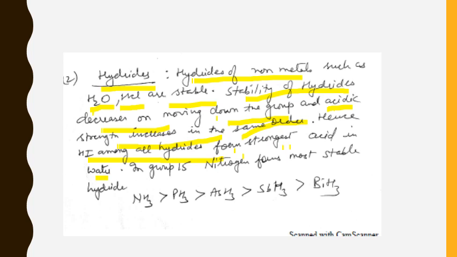Here I have taken the example of group 15: the nitrogen hydride, that is ammonia, is very stable. Then we have phosphorus, arsenic, antimony and bismuth.